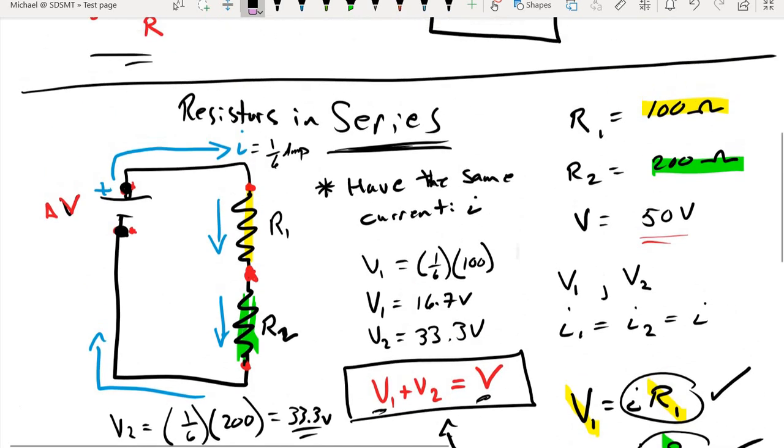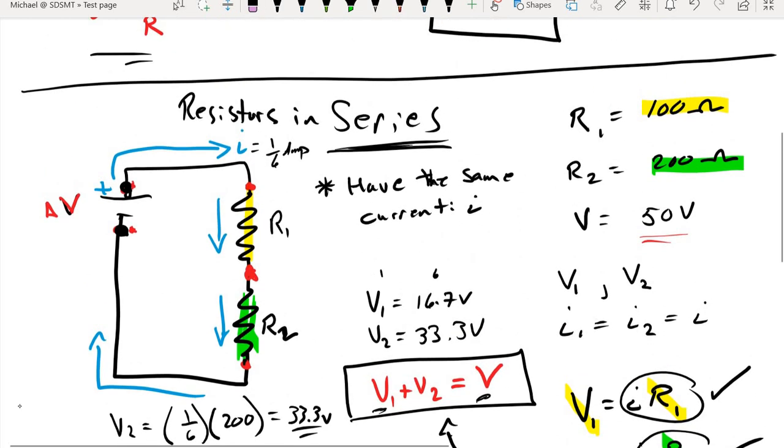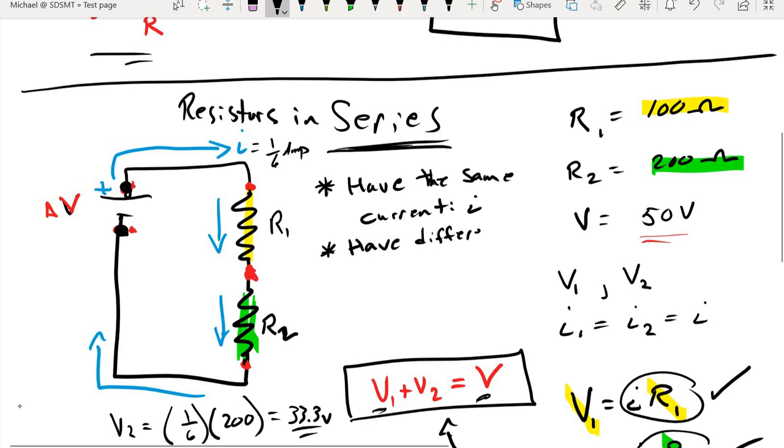series resistor problem. And what I'm going to do here is just make a little bit of space for myself, because I want to put another set of concepts here. Even though our resistors had the same current, they will have different potentials.